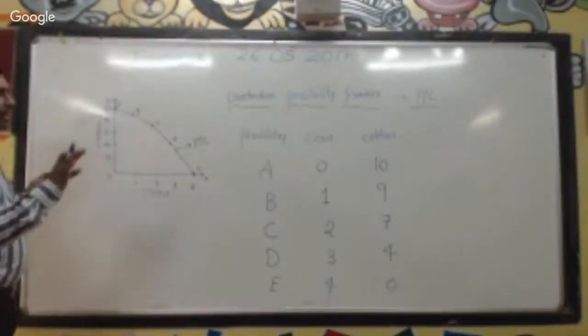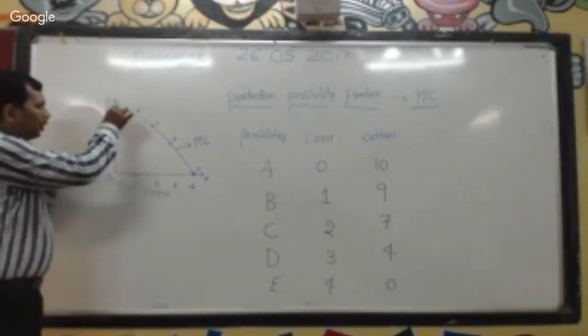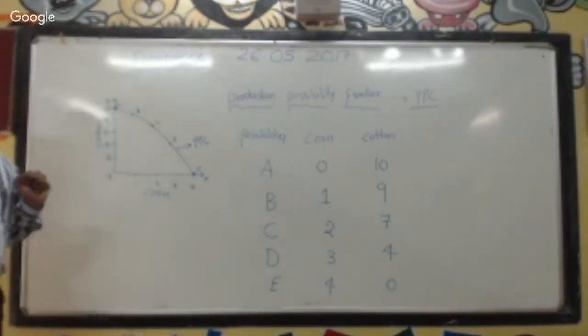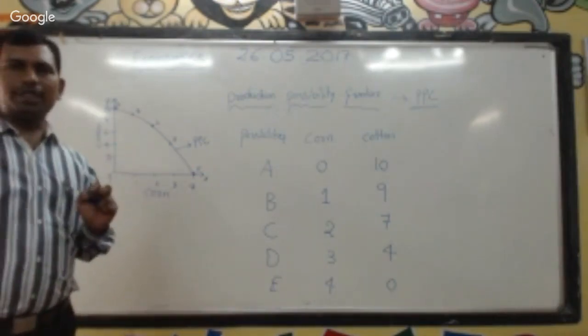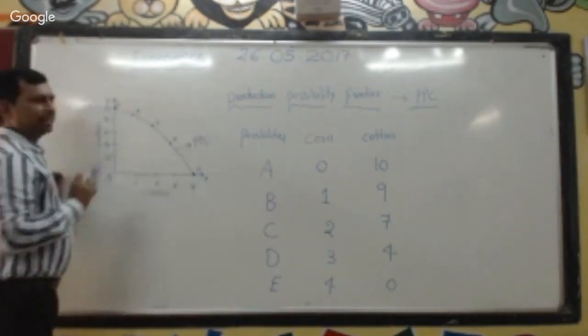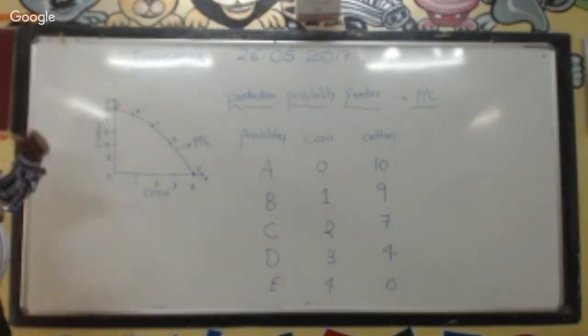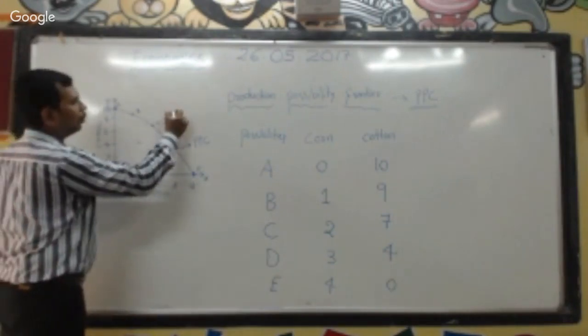Whatever combination you take, all the combinations must lie on this PPC curve itself. The possibilities should not be inside and should not be above the PPC curve.